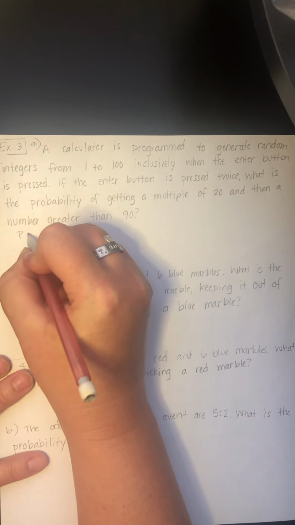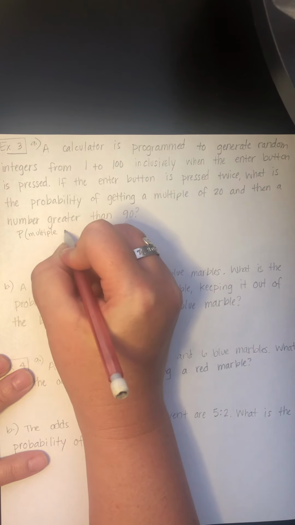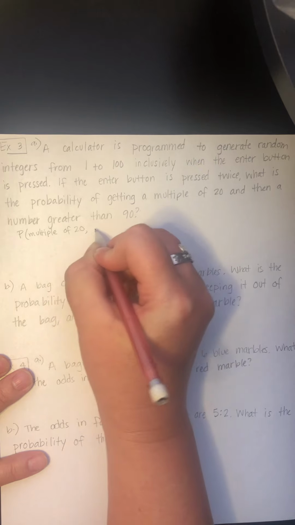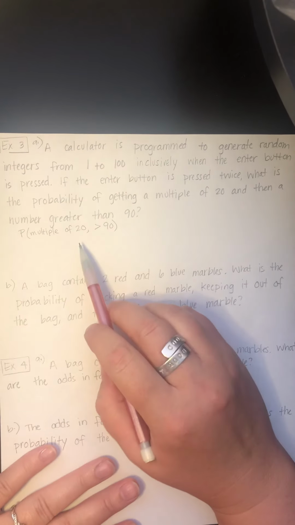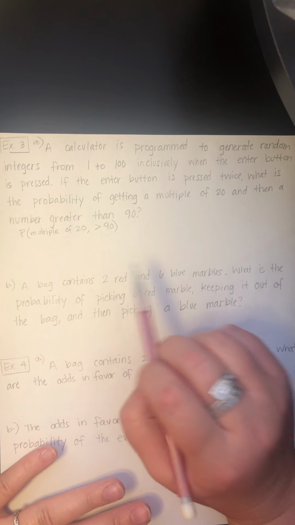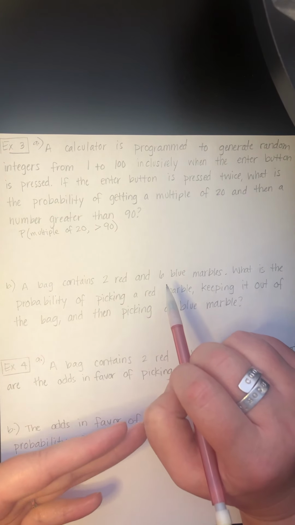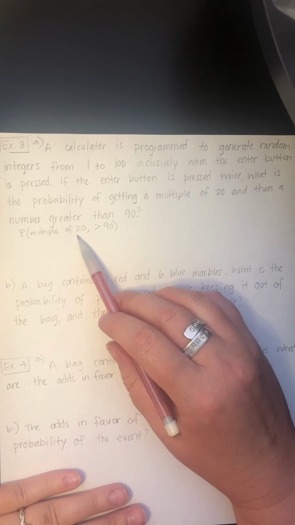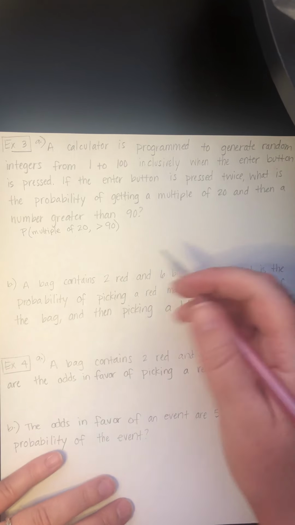Okay, so we're looking for the probability of a multiple of 20 and then a number that's greater than 90. So multiples of 20 from 1 to 100, it's 20, 40, 60, 80, 100. So we have 5 multiples out of the total number 100. Okay?